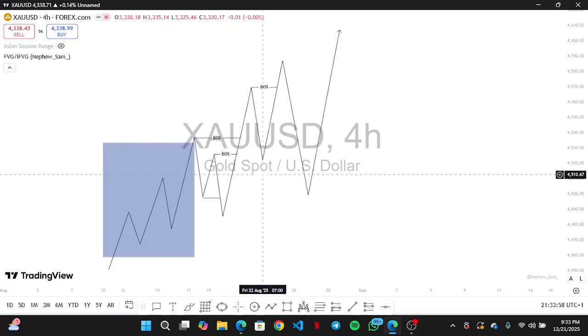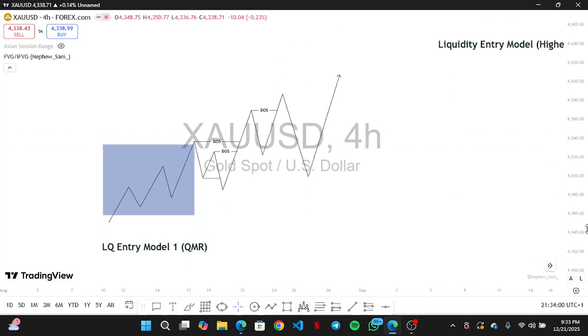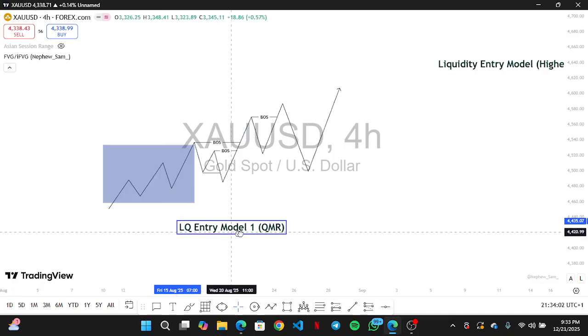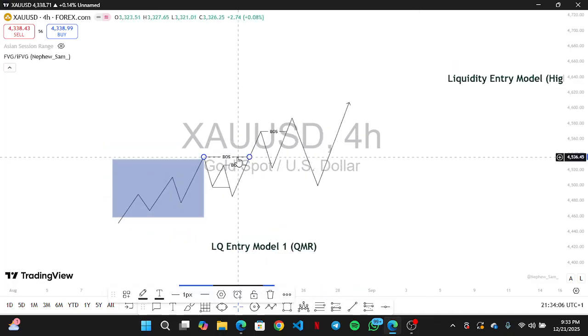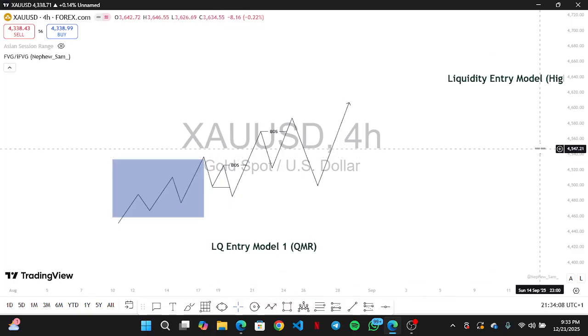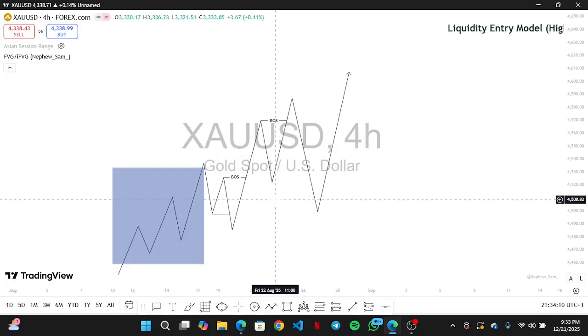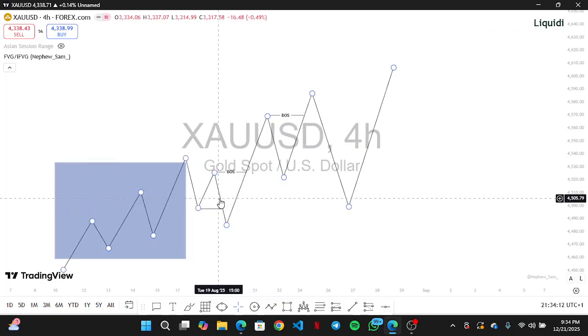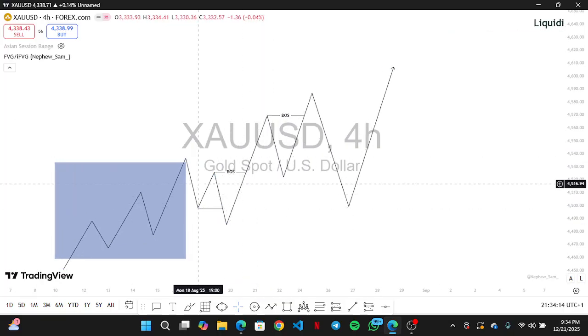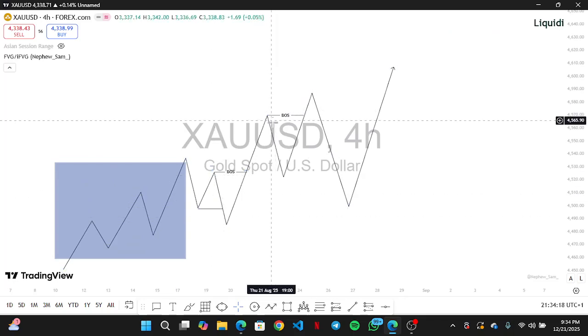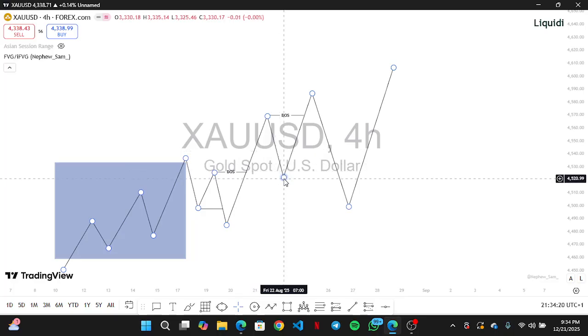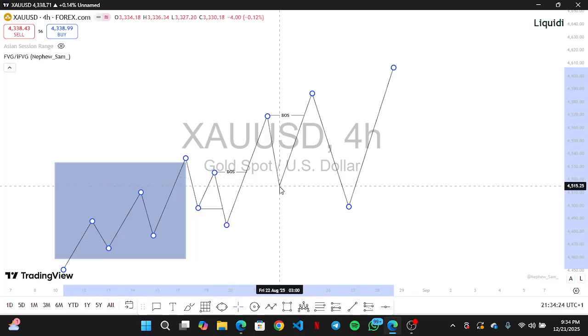So this is the entry model I was trying to explain first. Let me explain how it looks. Basically, you're going to have something like this, whereby price made a break of structure, took out a high. Price then came back and created an inducement leg. Why do we call this inducement?